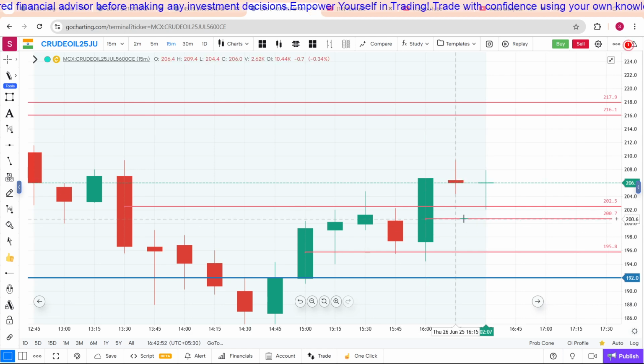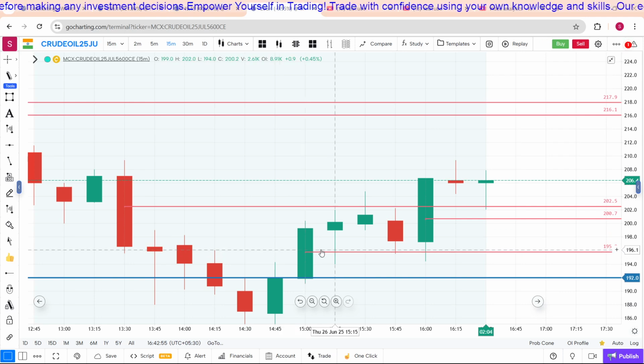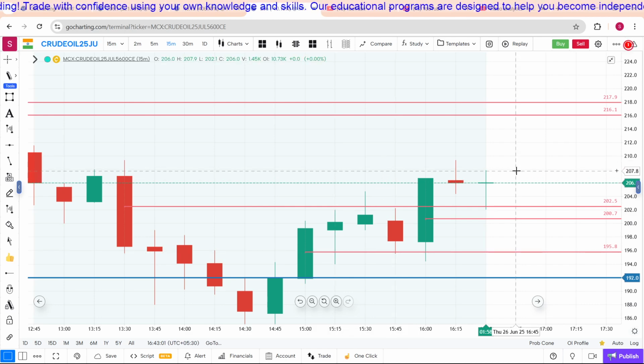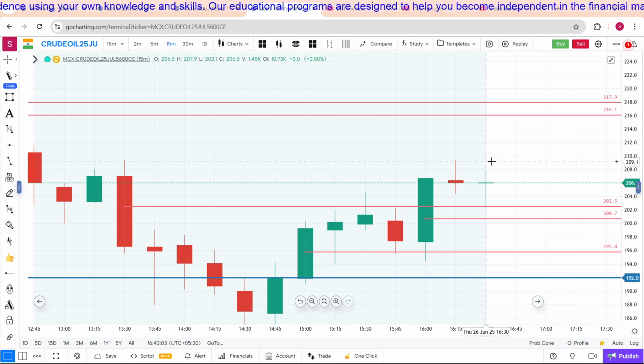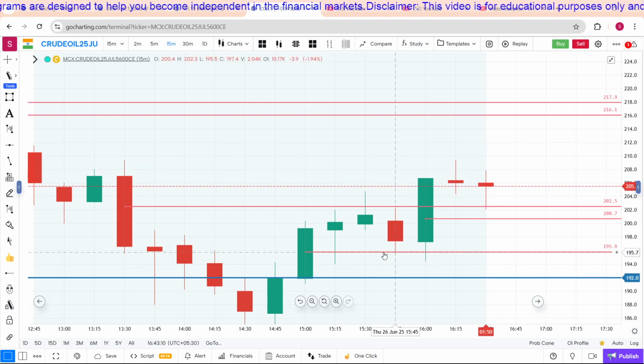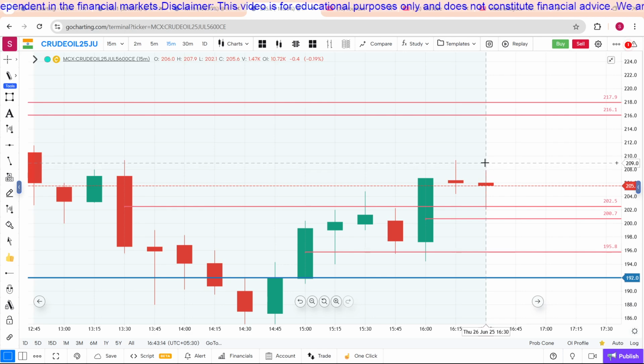This is the second candle, no? Don't take a position here. Take the position on the first instance. If you book profit at 195 and 208, you will get 13 points, no? 13, 14 points here. 209 it came. And our entry price was 195, 196. 13 points gone up here.